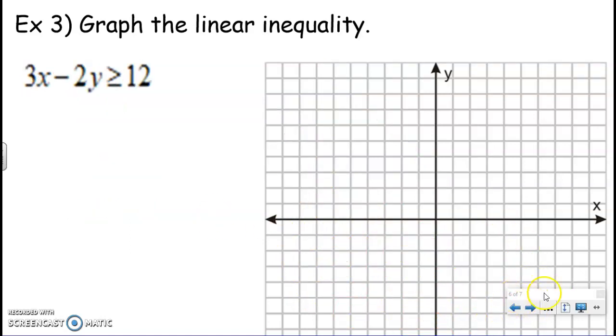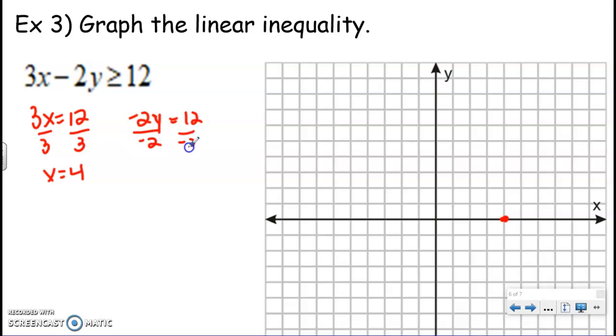Okay, another one in standard form. We're going to cover up our y. We're left with 3x equals 12. So if I divide by 3, my x-intercept is 4. And if I cover my x, I'm left with negative 2y equals 12. So if I divide by negative 2, I get y equals negative 6. 1, 2, 3, 4, 5, 6.